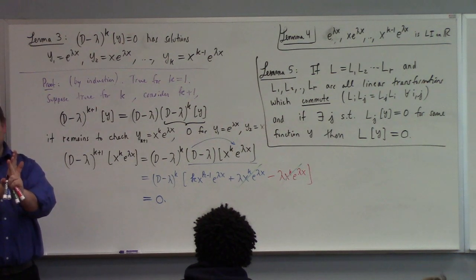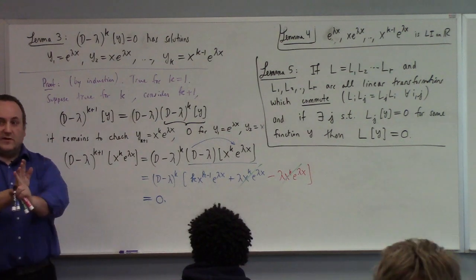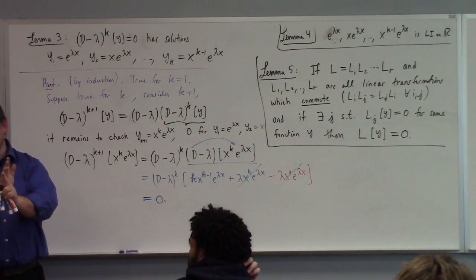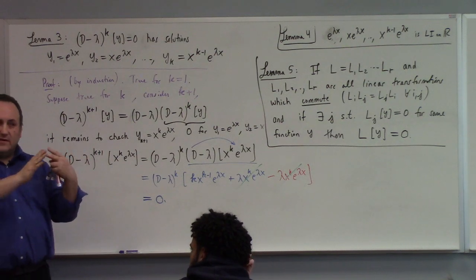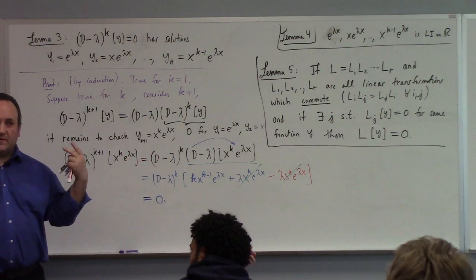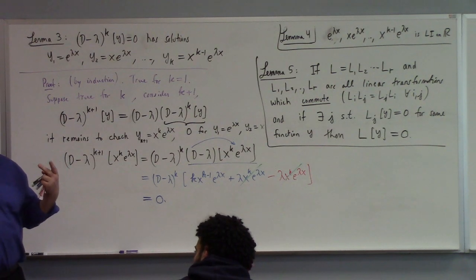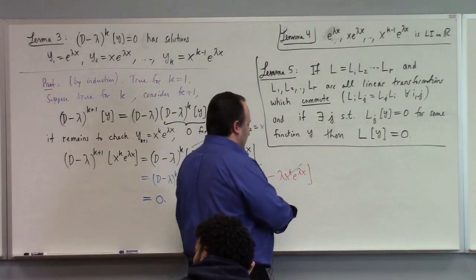So in other words, this is the divide and conquer lemma. It says to solve L of y equals 0, it suffices to separately solve L1 of y equals 0, L2 of y equals 0, and on down the line. If I can find the solutions to each of the factors forming L, then I found the solution for L of y equals 0. I sometimes call this the divide and conquer lemma. The proof is just kind of dumb.